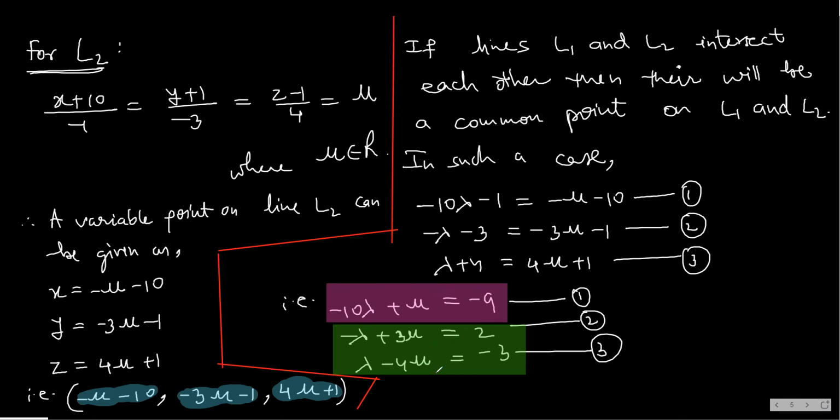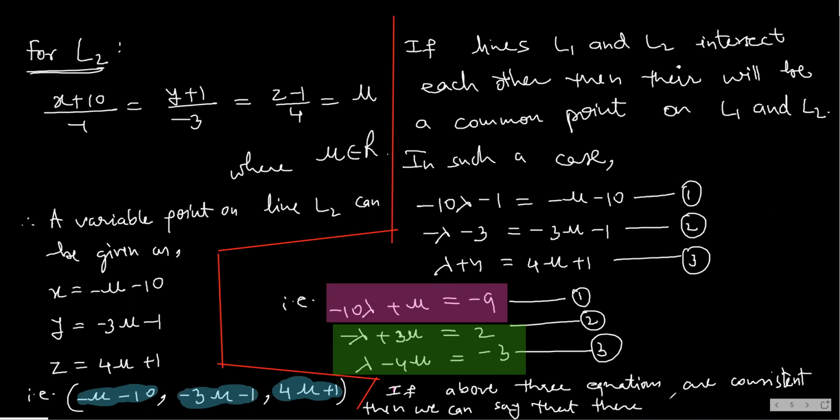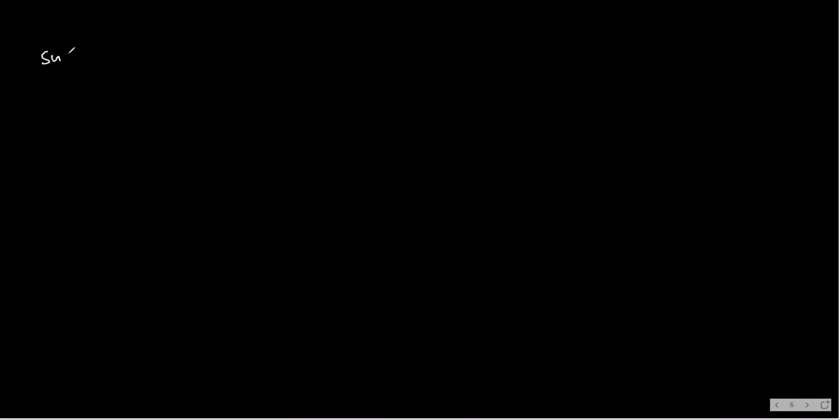So I will write here: if the above three equations are consistent, then we can say that there exist lambda and mu such that a point on L1 is also a point on L2.